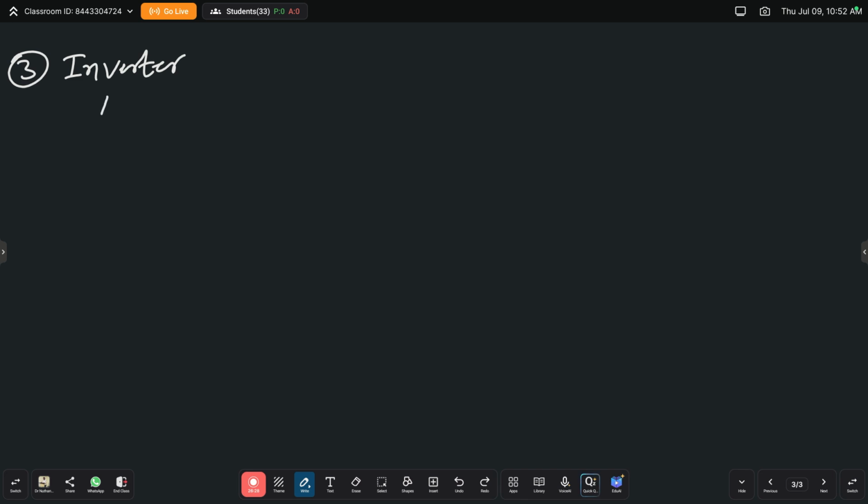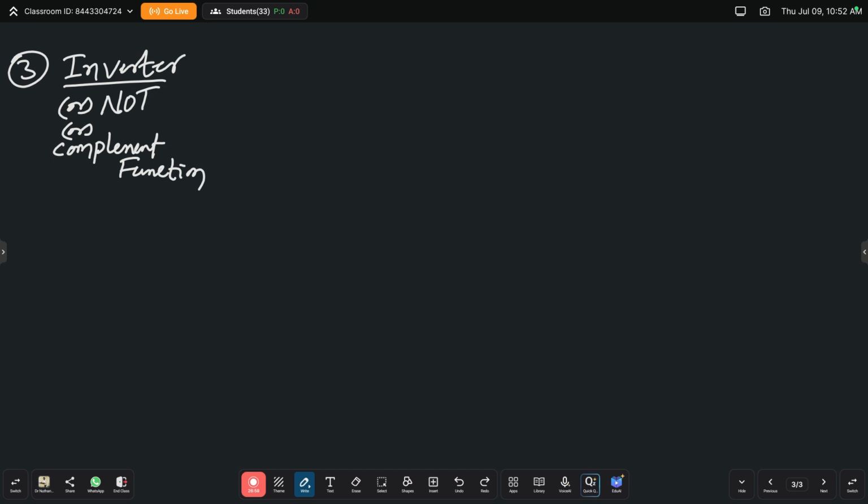Not gate, or some people will call it a complement function. You can call it a complement function. Clear?